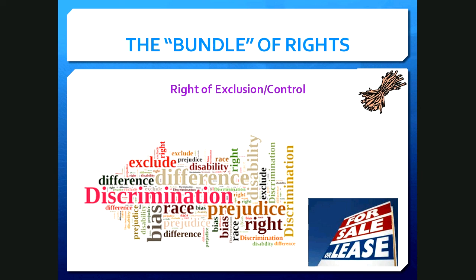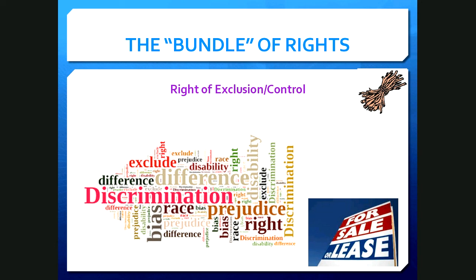So for most of history and ownership of property, you could discriminate willingly if you wanted to against race, creed, religion, sexual orientation, age, just about whatever reason you wanted to discriminate, you could pretty much do it.